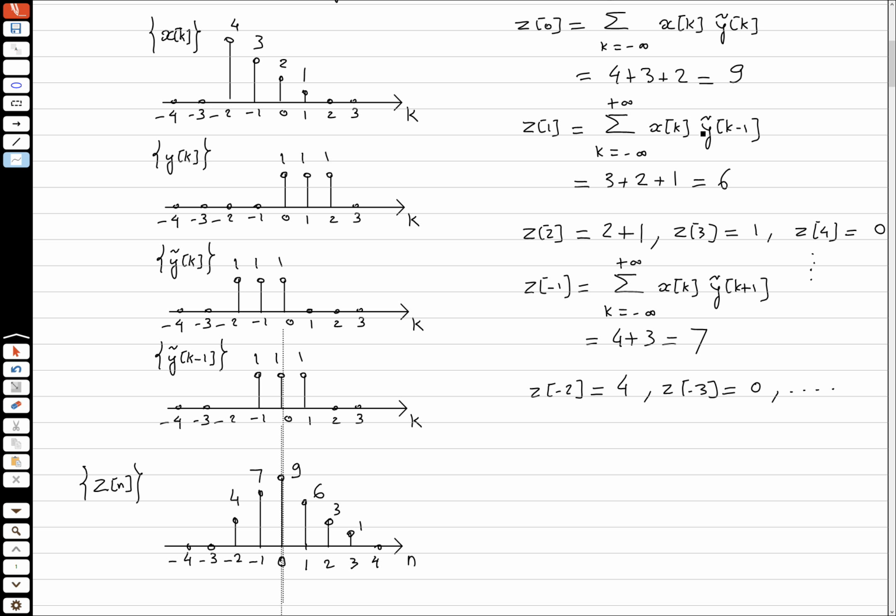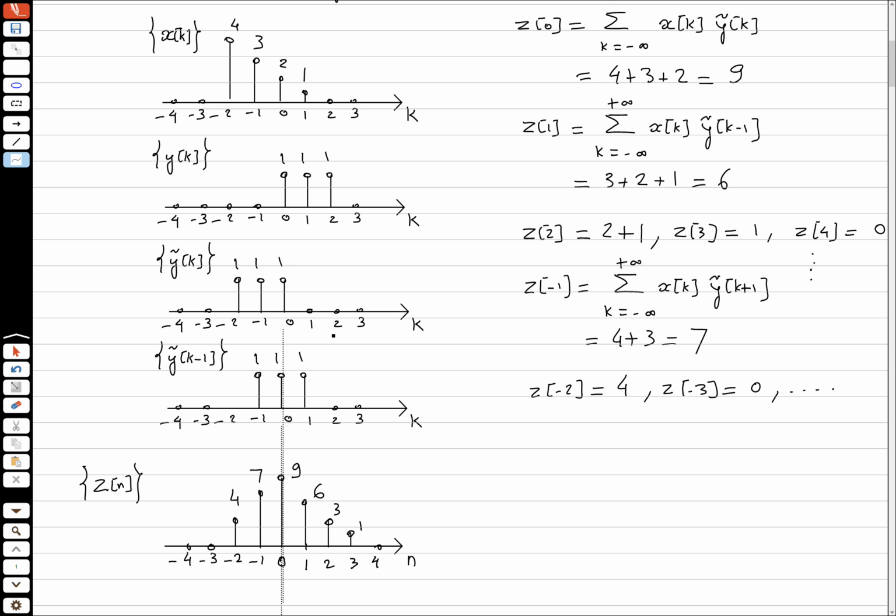Now, I said you need to change the name n into k. You don't have to, because it's basically in your mind. You plot y tilde of n, and you don't even need to plot the shifted versions. You should be able to do the shift graphically, and then do the dot products graphically.